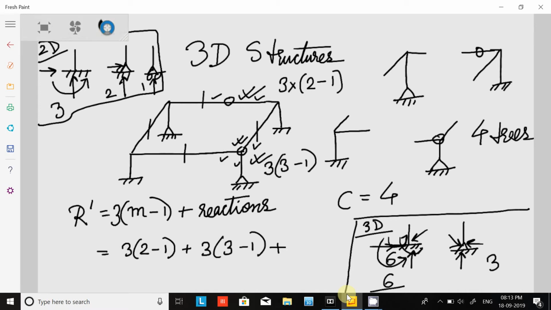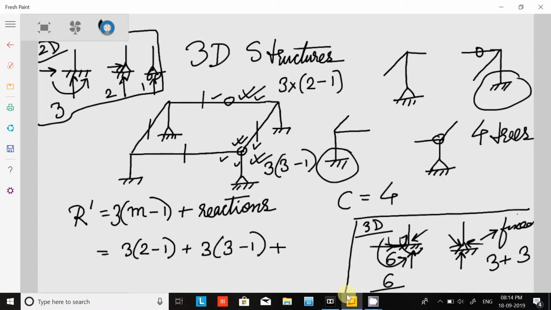So if we have to transform a hinge into a fixed, how many do we have to add? We have to add plus 3, because a fixed has 6 reactions in 3D. Here we don't have to add anything because it is already fixed, so it is 0.